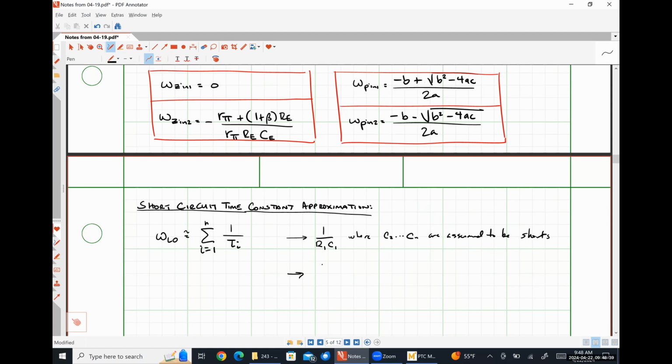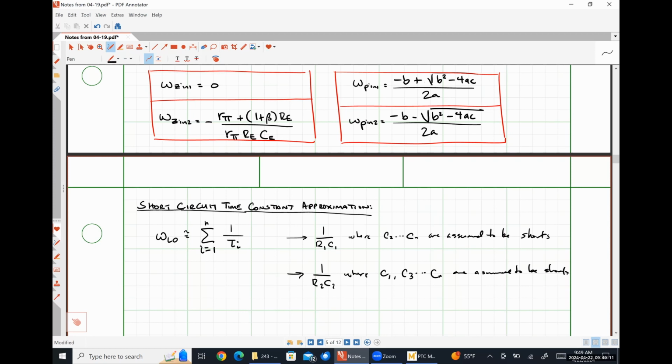And then we would add to that 1 over R2 C2, where C1, C3, all the way out to Cn are assumed to be shorts, and so on and so forth. So effectively, we just find the equivalent resistance connected to each capacitor, while all of the other capacitors appear as short circuits.